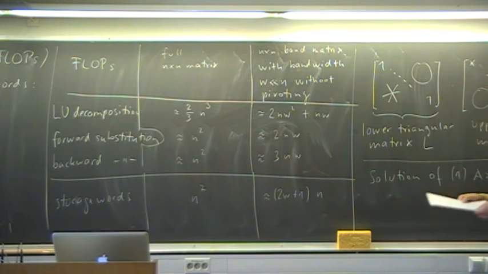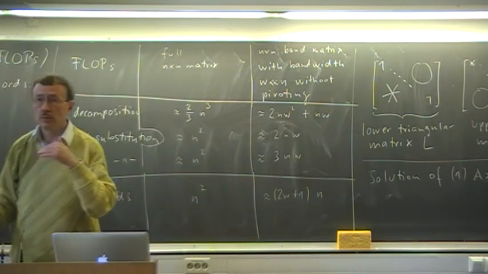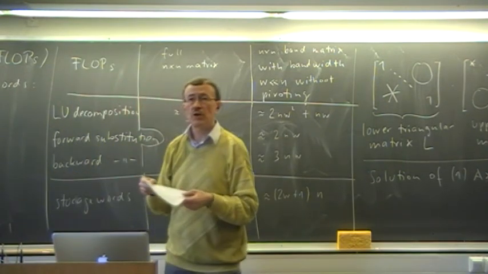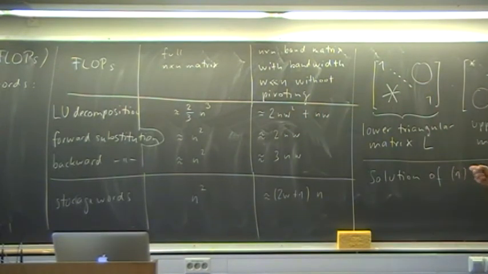So that is what you can expect from the operation count, and we have to compare it with the operation count that we have with iterative methods. In CFD, it is quite common to use iterative methods in 2D and 3D. But if you have problems that are not too large, you have band matrices, you might consider using this technique, LU decomposition with forward-backward substitution.